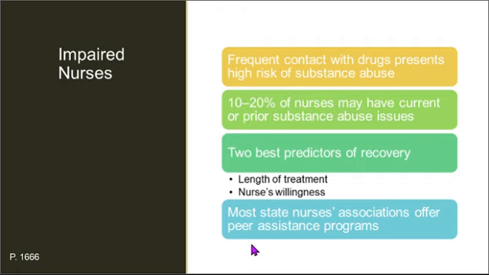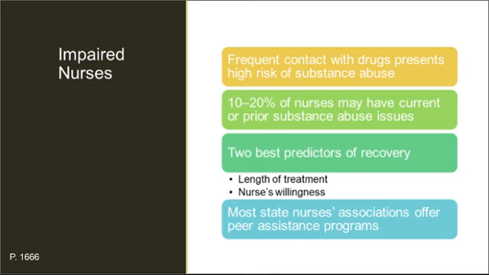Most state nurses associations offer peer assistance programs. When nurses eat their young, we're not as good about supporting each other as some other associations like the AMA, but it's getting better. Some states are better than others. So, different at-risk factors: easy access to prescription drugs, role strain, depression, signs of alcohol use, and signs of withdrawal.